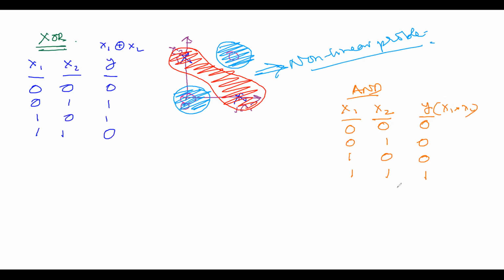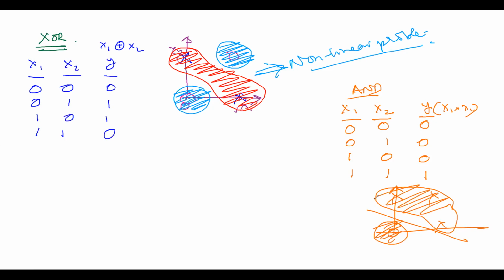So this is my AND. When I draw it, it will be 0 over here and the others will be, this is one class, this is another class. Okay?